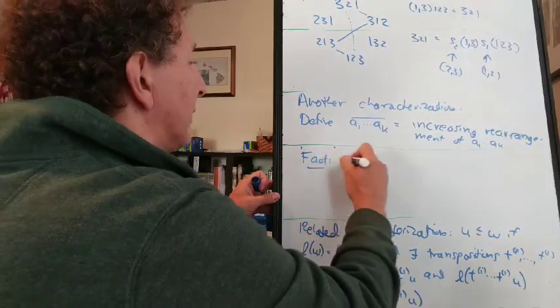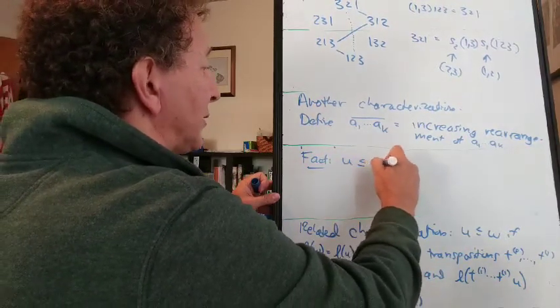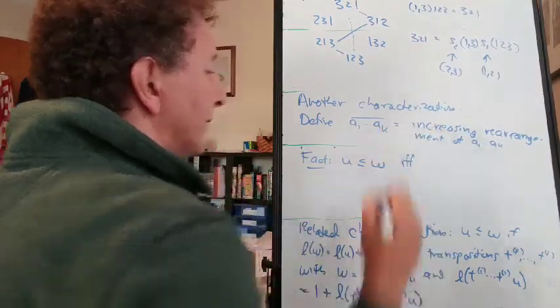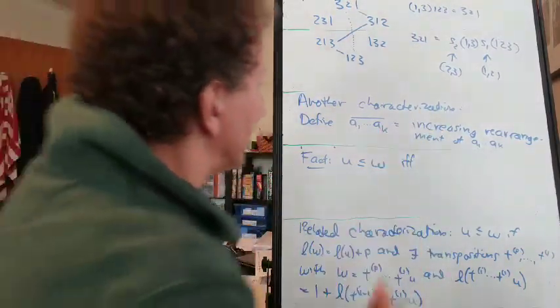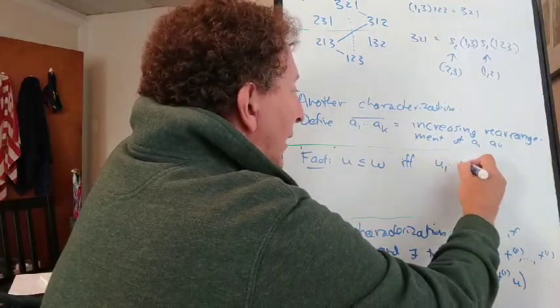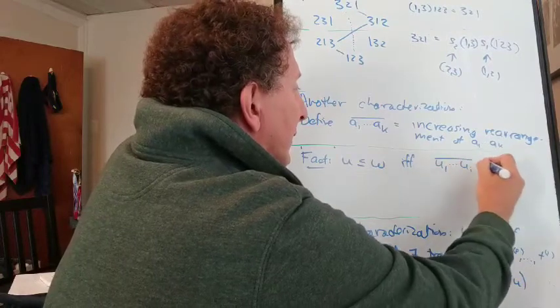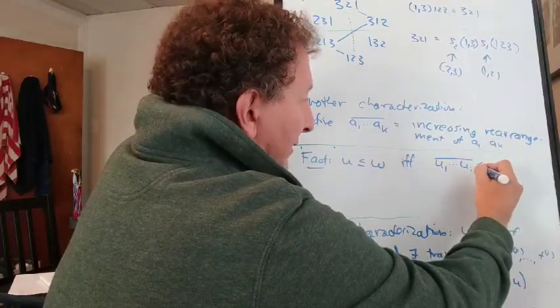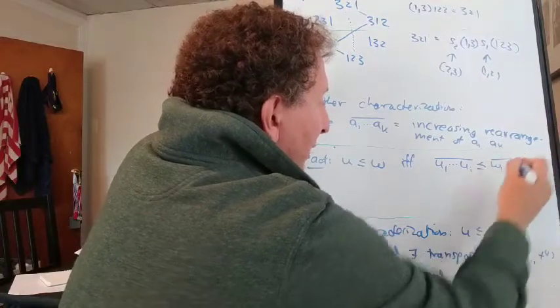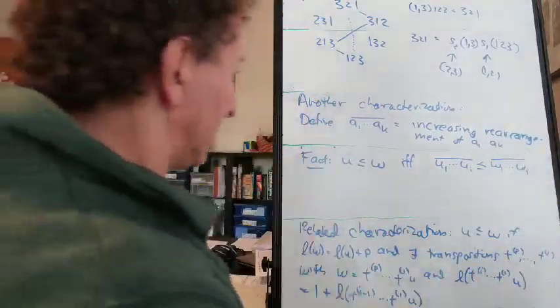So it turns out that U is less than or equal to W in the Bruhat order. These definitions are all if and only if, really. If and only if U1 through Ui is component-wise less than or equal to W1 through Wi if we write both words in increasing order.